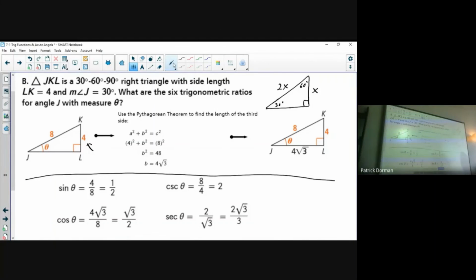The thing that we're missing is how do you get your missing side lengths if you have this special triangle that is a 30, 60. Okay. It's a long lesson, guys.